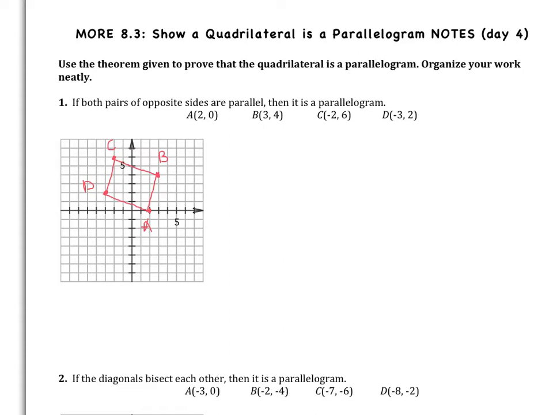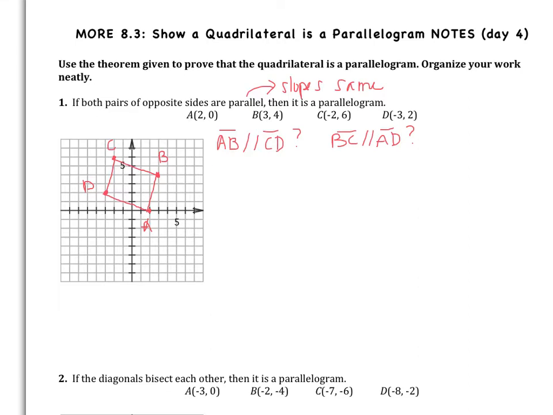Now, this is definitely a quadrilateral. It has 4 sides. In order for it to be a parallelogram, the opposite sides have to be parallel. So I'm going to see is AB parallel to CD, and then also is BC parallel to AD. If both of these hold true, then the figure is a parallelogram. Now remember, opposite sides parallel means that their slopes are the same. So we're going to have to find 4 different slopes, the slopes of all 4 sides.